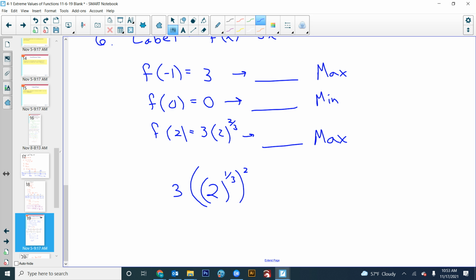Max with max. Which one wins? Well, 3 times this number is going to be more than 3, right? It gets the title of absolute max. This one's just a local max. This one, absolute min. So the graph looks something like this.